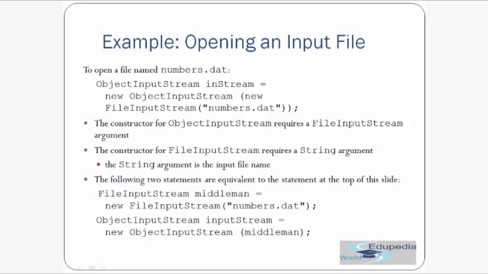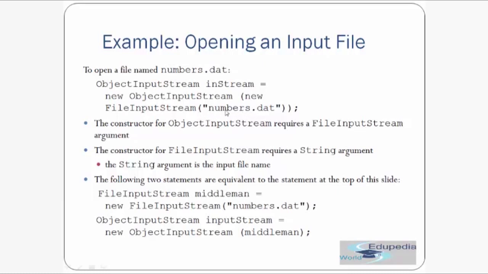Okay, now this is an example of opening an input file. To open a file named numbers.dat, we are just using one line of code. There's an ObjectInputStream and its object is called inStream. Then we have new ObjectInputStream, and in that we are passing new FileInputStream. The new FileInputStream contains a parameter which is a file name, numbers.dat.